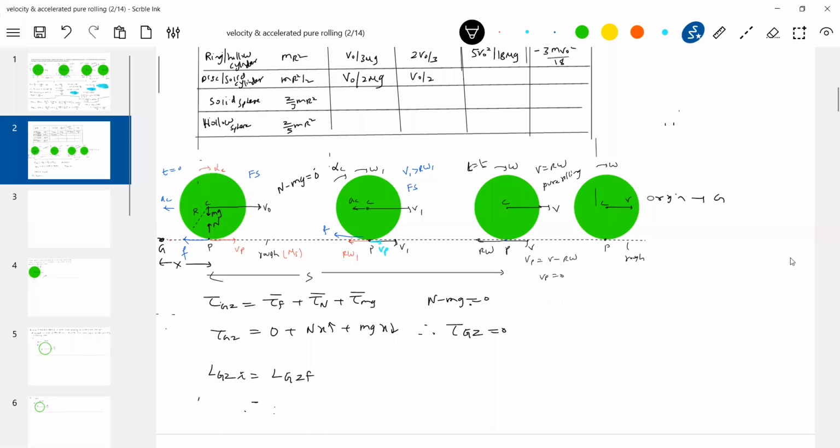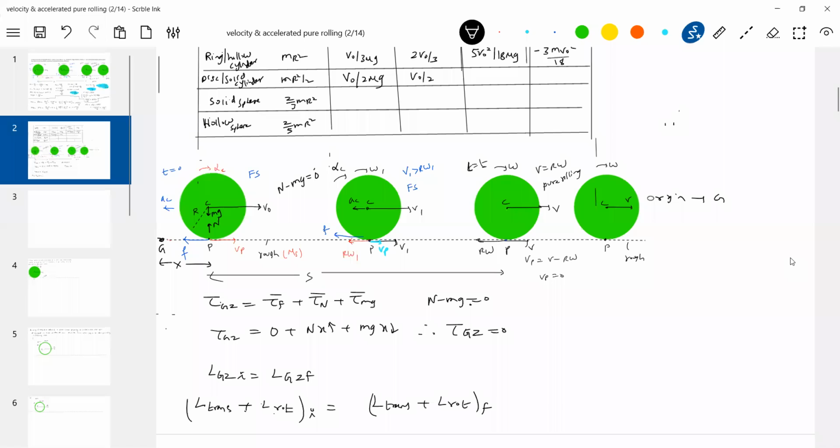Angular momentum due to translatory motion plus angular momentum due to rotatory motion, initial, and angular momentum due to translatory motion plus angular momentum due to rotatory motion, final.